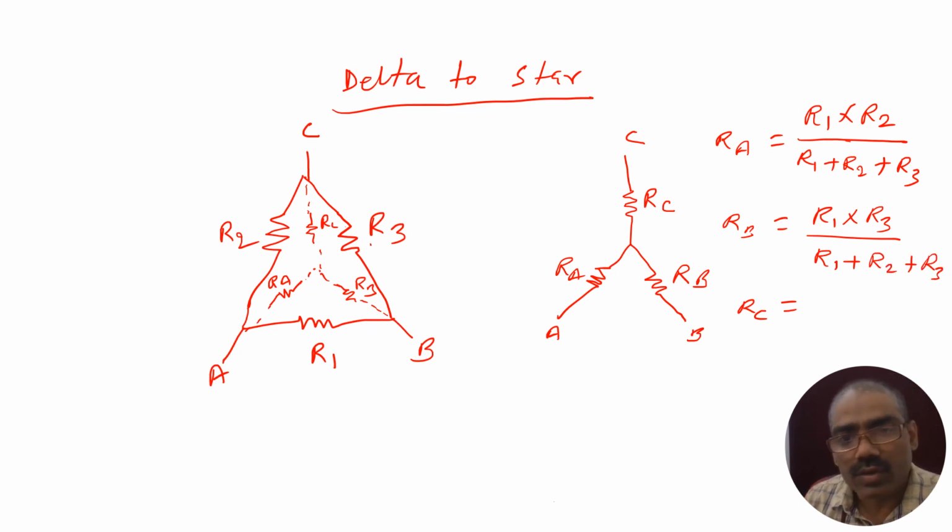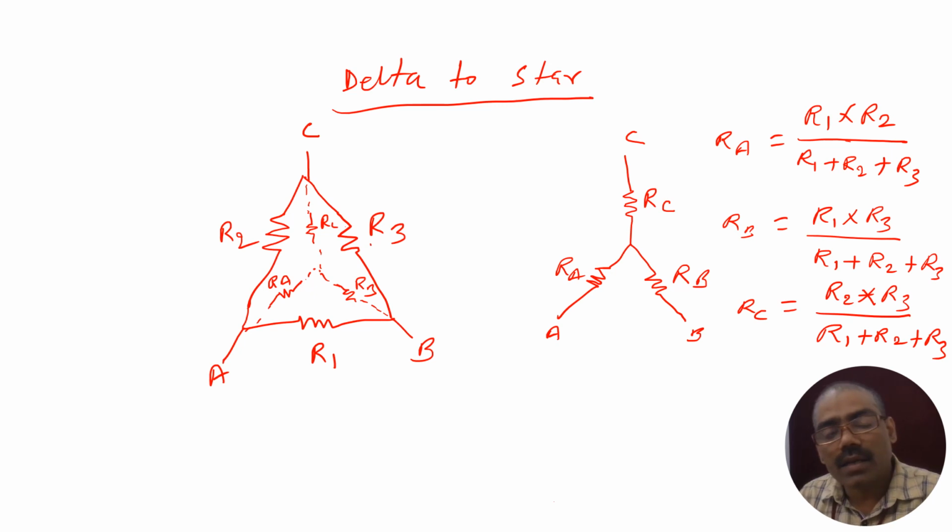Similarly, when you are trying to calculate the value of RC, R2 multiplied by R3, divided by R1 plus R2 plus R3. Like that, this delta will be easily converted into a star, and after that we can take the equivalent resistance.